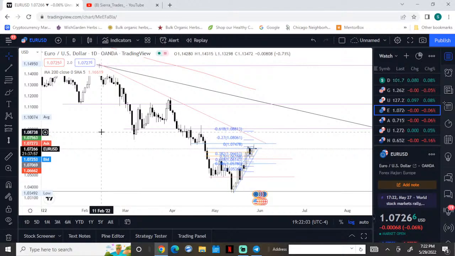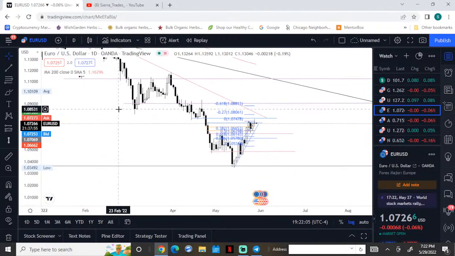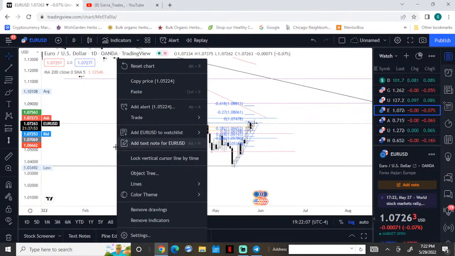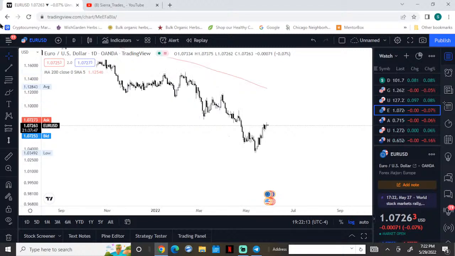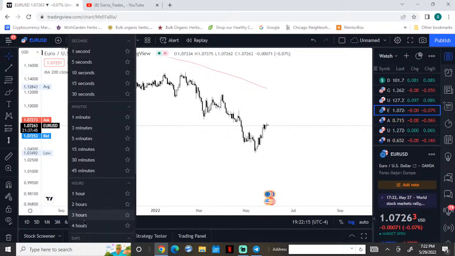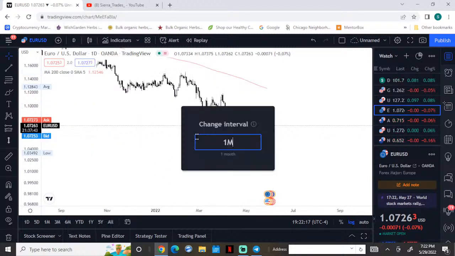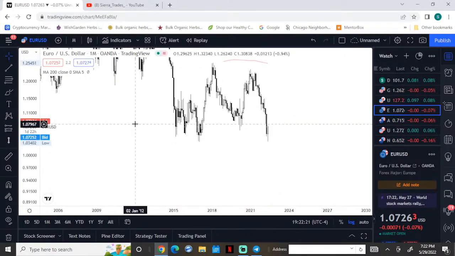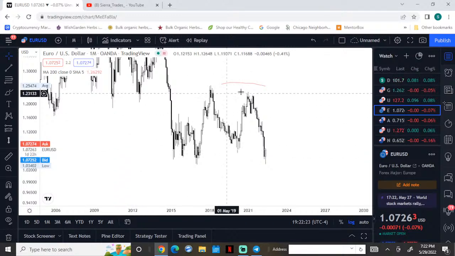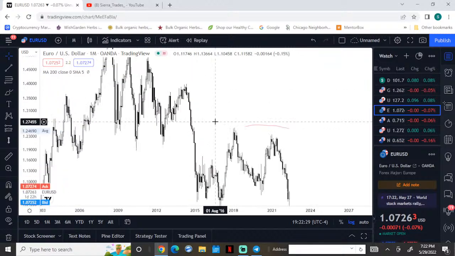All right, we got EU. It's a nice triple top on EU on the monthly, which caused it to fall.